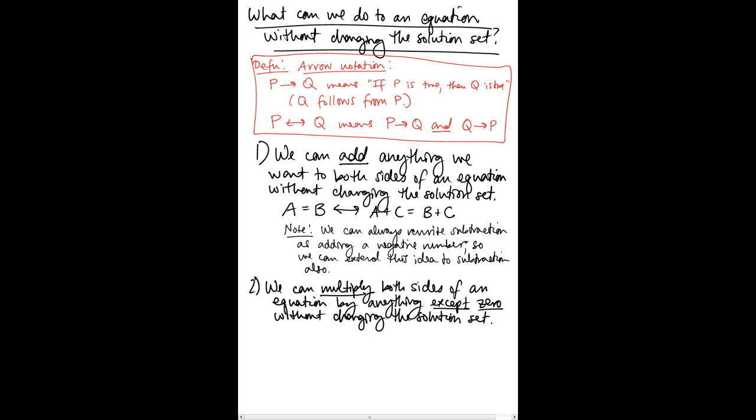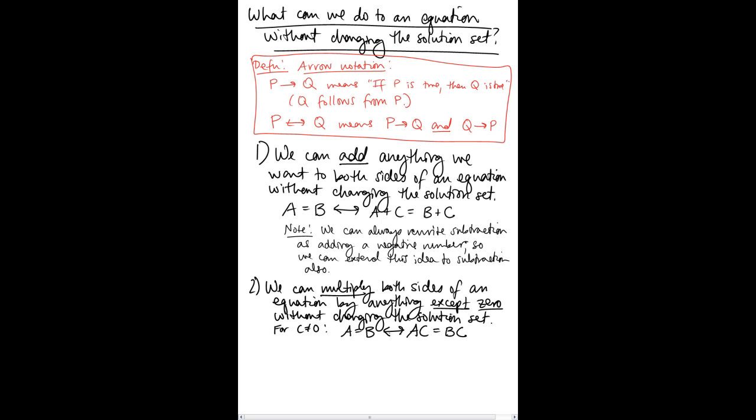So, for example, for a non-zero c, we'll get if a equals b, then ac equals bc. And in fact, that actually is true also when c equals 0. But we want the other direction to be true too. If we have a times something equals b times something, as long as that c isn't 0, then we have a equals b as well. So multiplying both sides of the equation by anything other than 0 doesn't change the solution set.